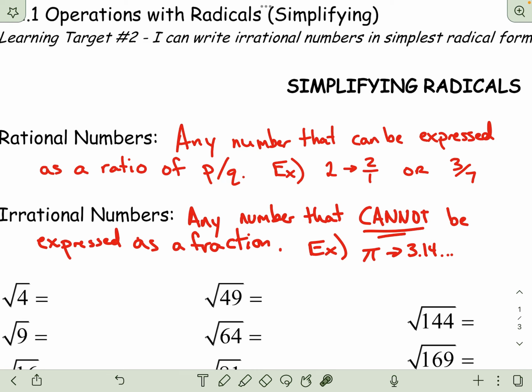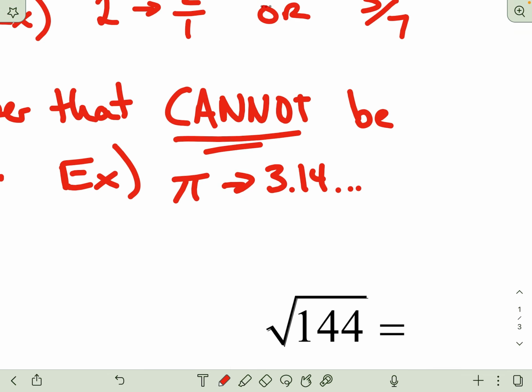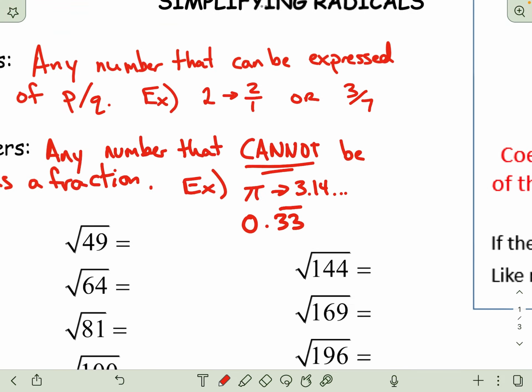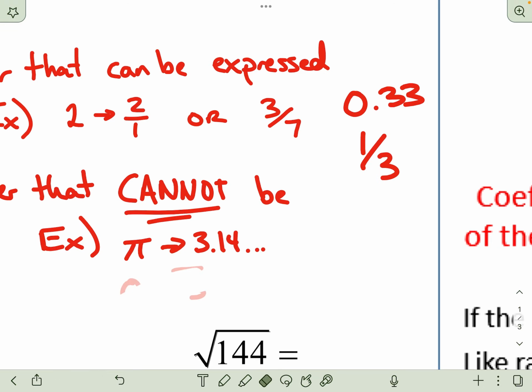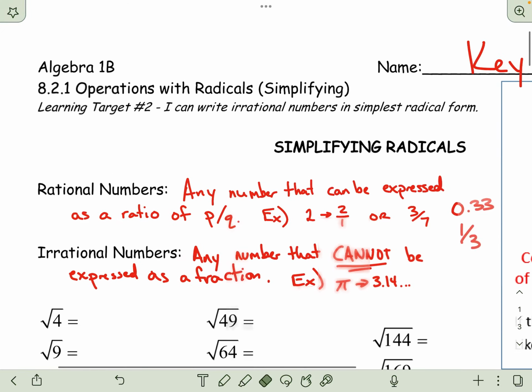You could write pi over 3, but the problem with that is you still have this unlimited number on the top of the fraction, so that would not work. Often students think that 0.33 repeating is an irrational number, but that is not true because 0.33 repeating is the same thing as saying 1/3. And so that actually goes up here. So it would not be irrational because it can be expressed as a fraction.